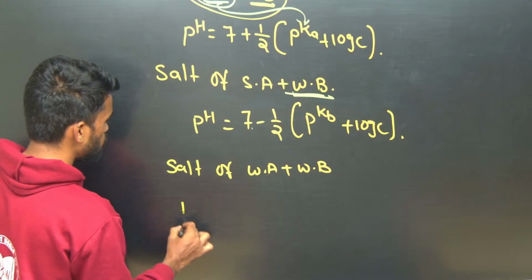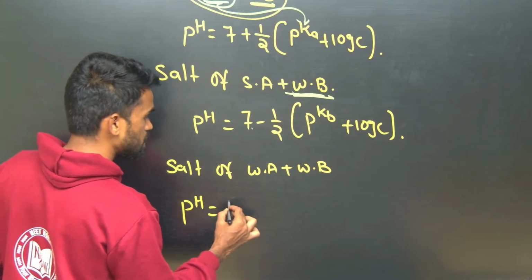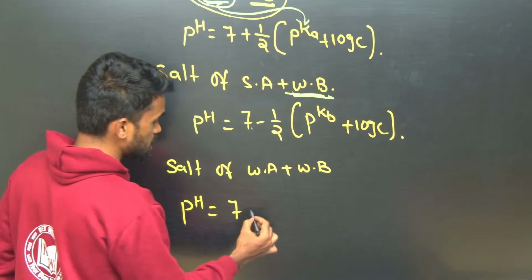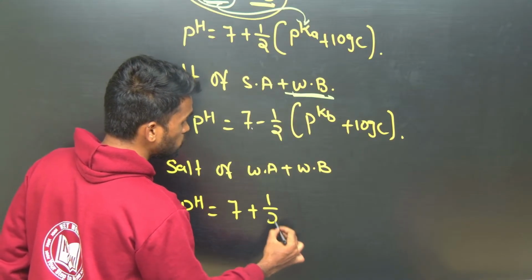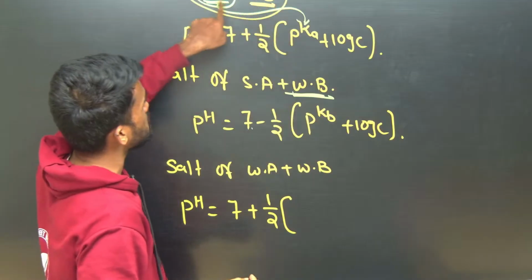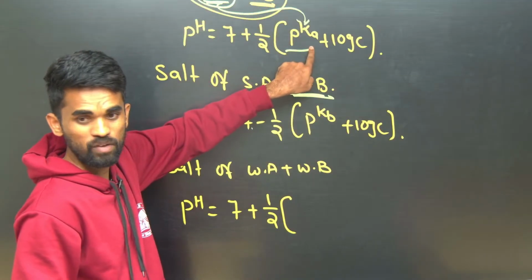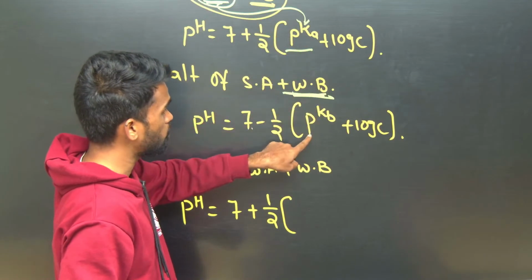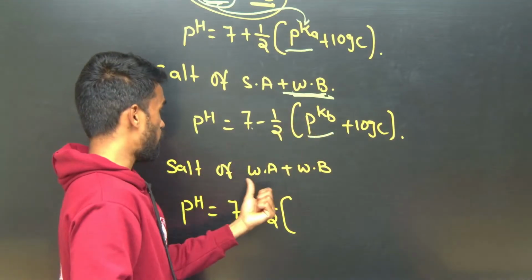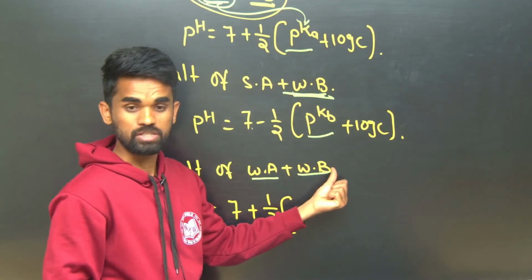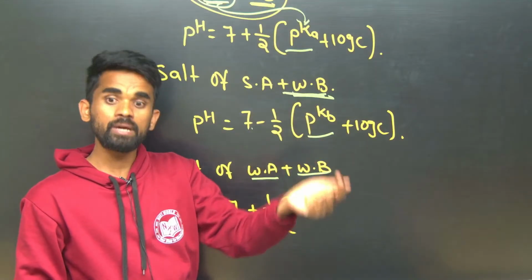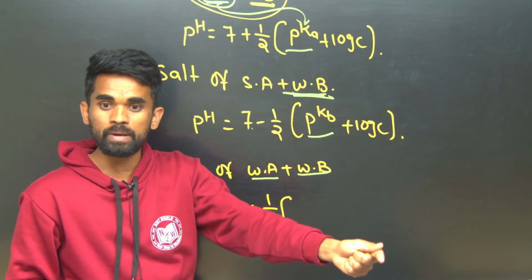Okay, so now the pH formula will be taken as, it also has 7. Next plus here half into, when we have weak acid we have pKa in the formula. When we have weak base we have pKb. Now we have both weak acid and weak base. So pKa and pKb should both be involved in the formula.